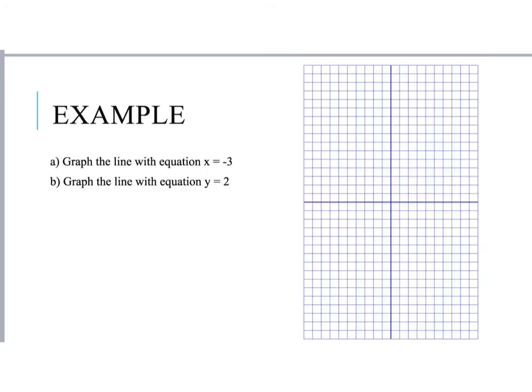All right, let's do a quick example of this. Graph the line with the equation x equals negative 3. Okie dokies, y, x. X equals negative 3. Again, put my scale, make it easy to read.